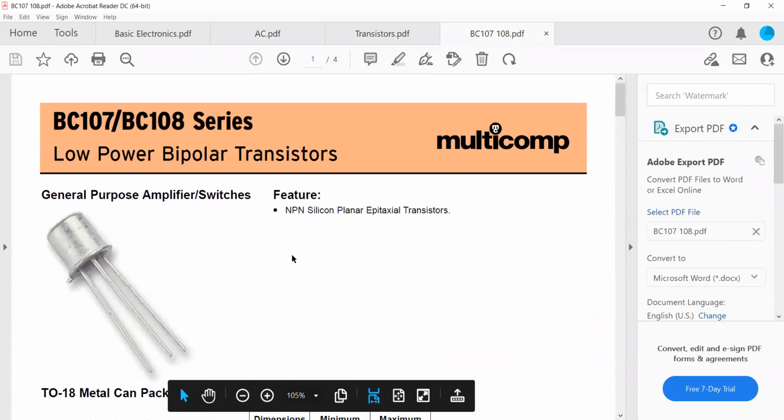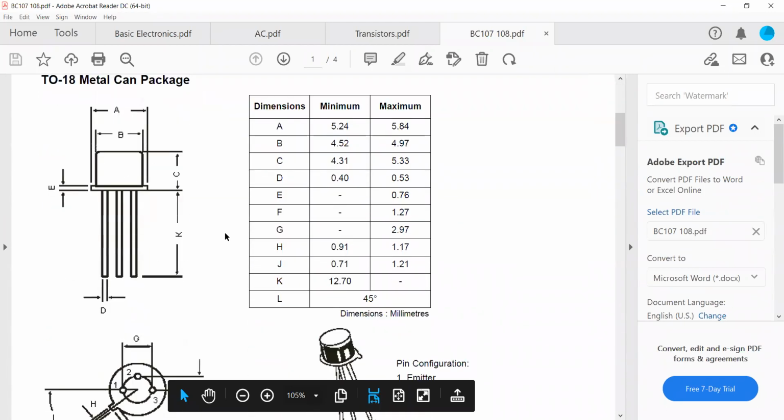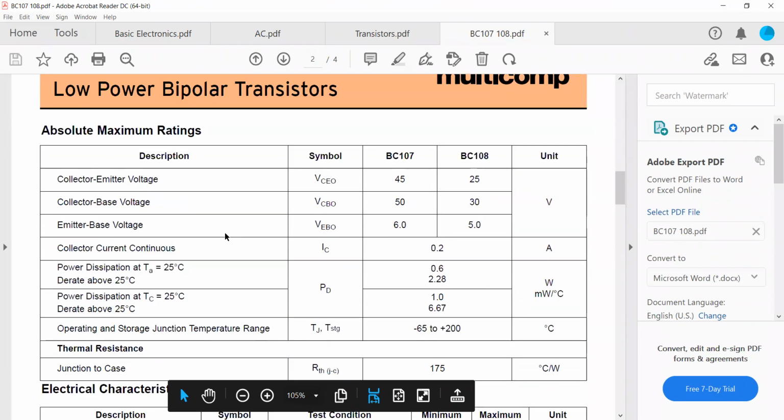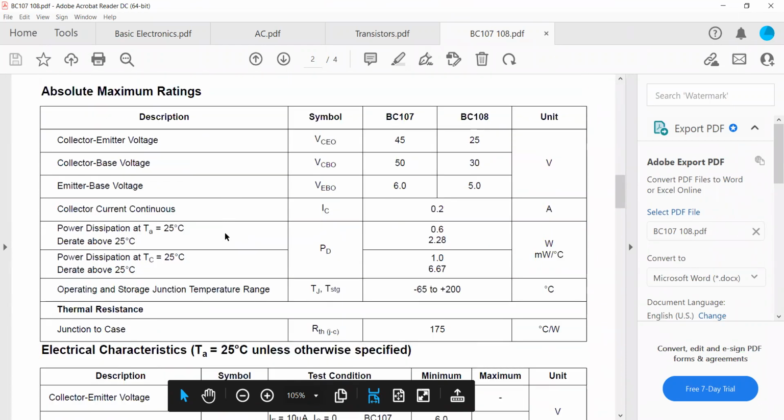Now this is the BC 107, BC 108 bipolar transistors, very common ones. Here also we have to know about the different bipolar transistors. So I'll show you that. I'll explain that one again, why they call these bipolar transistors. Anyway, this is the transistor structure, emitter, base, collector, and these are the electrical parameters.